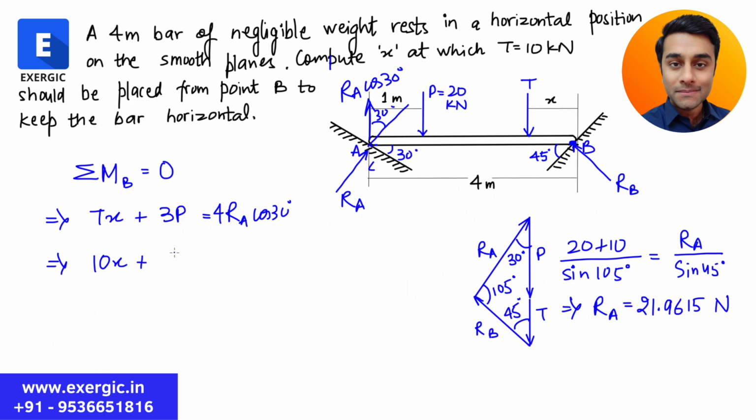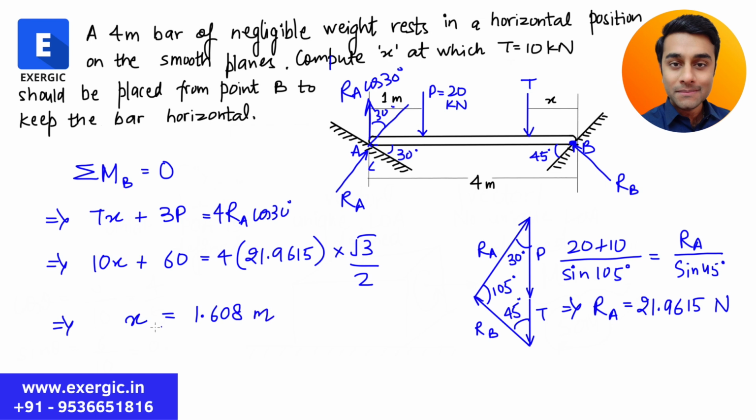P is given as 20, so this will become 60. RA you have calculated, 4 multiplied by 21.9615. Cos 30 is root 3 divided by 2. Let us solve it to get the value of X as 1.608 meters. This is the required answer for this question.